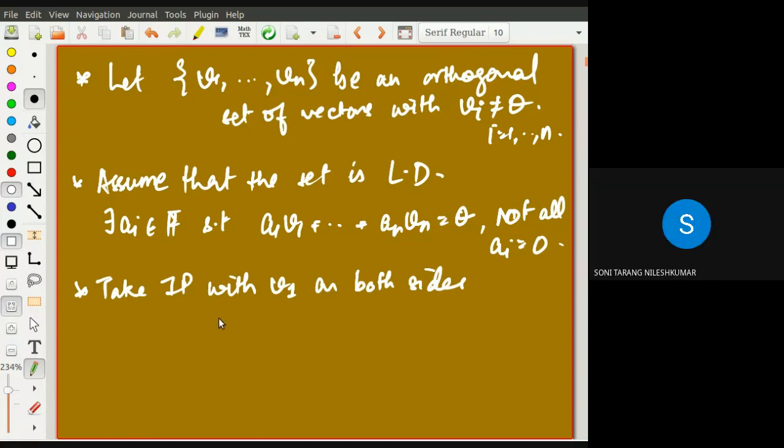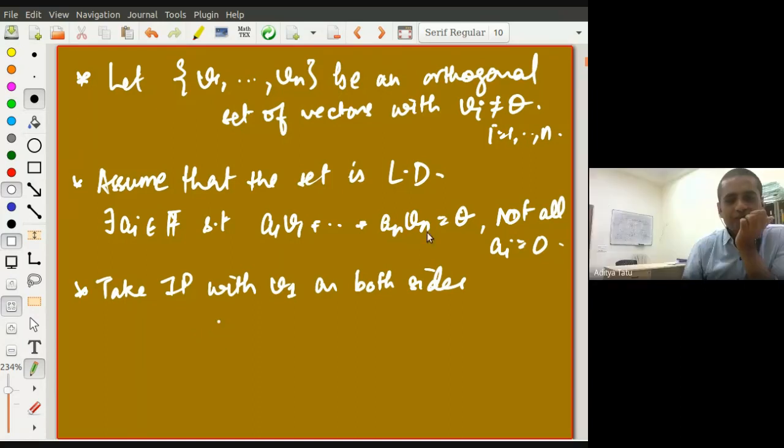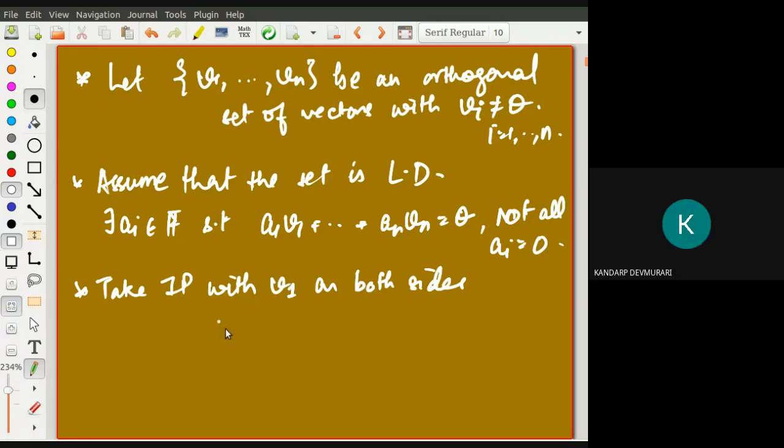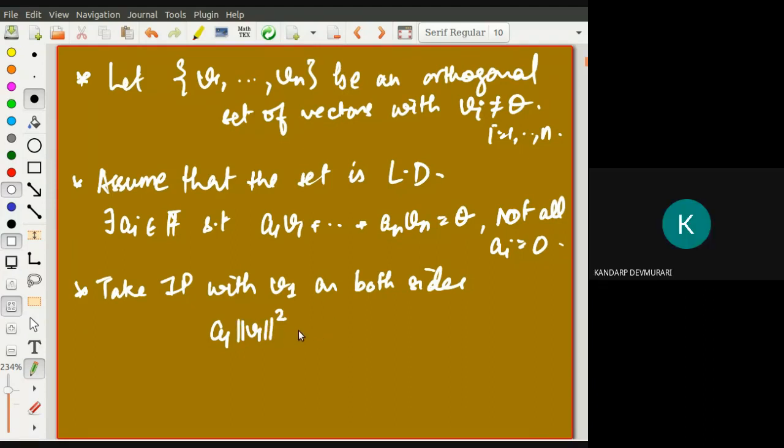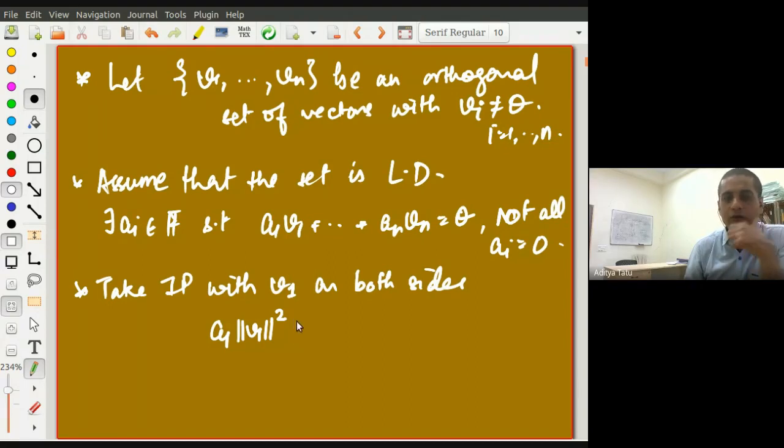It will be a1 times the inner product of v1 with v1, so that is a1 times the norm of v1 squared. All the others are 0 from orthogonality.